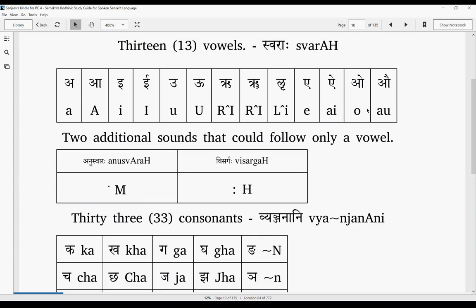It cannot come after a consonant. So anuswara is a nasal sound, and visarga is a release of breath, like a whispering sound. We'll look at some examples in the words here.